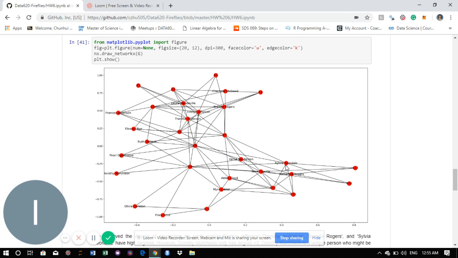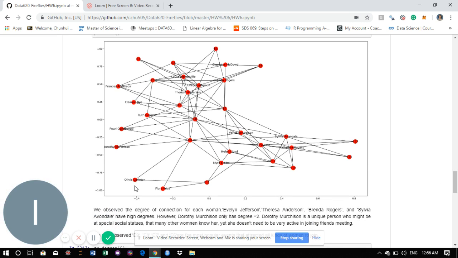But because we didn't have enough observations to break them down into different networks, this might be ruled out in the first research. Look at Dorothy Murchison, the one I mentioned who might be a famous person, not very active but with many friends. So in this network she is a little further from the other nodes. Flora is less active, and Oliver is also less active. These are a little bit far from the busy network.